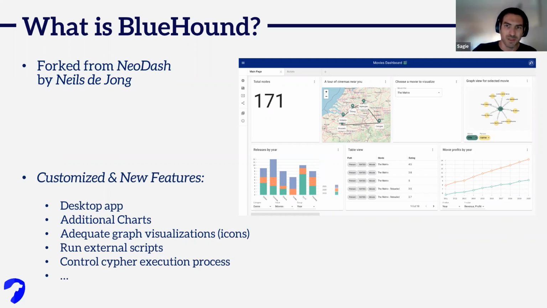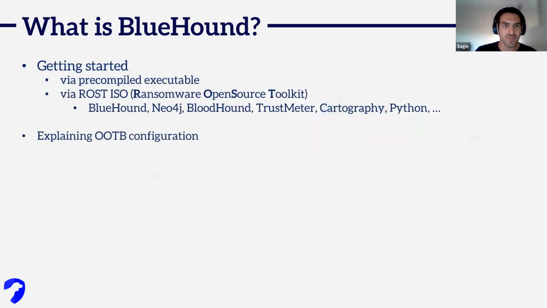Originally we forked from there, and there was a lot of work that, like I said, Dekel did to make it a security tool, like making it a desktop application, adding some specific charts, making it able to run external scripts, and so on and so forth. If you haven't used BlueHound before, you have basically two options.